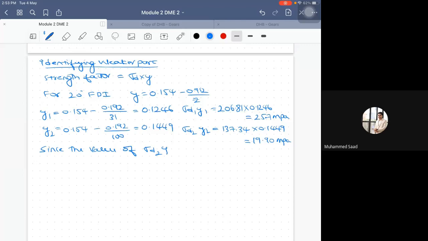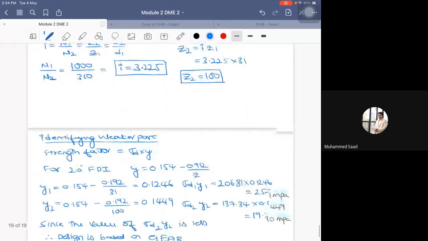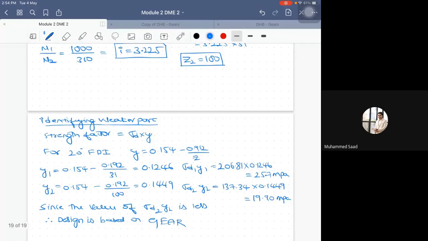Sigma D2 cross Y2 is less. Therefore, design is based on the gear. So all the design calculations will be using the gear.